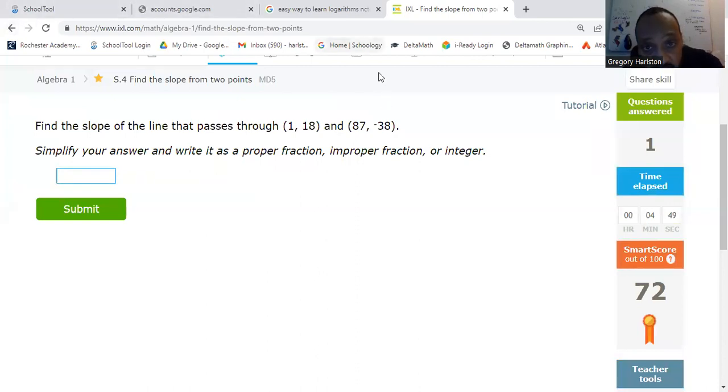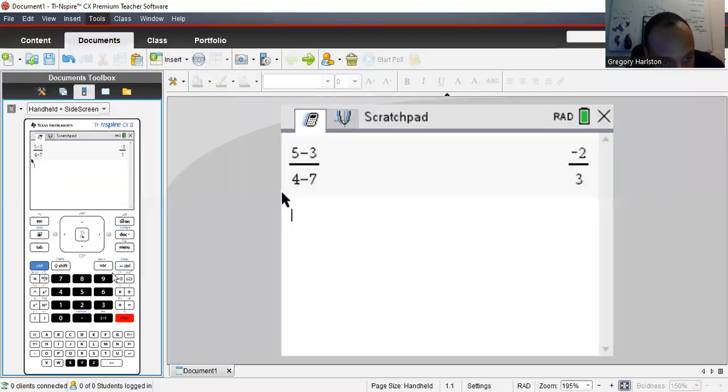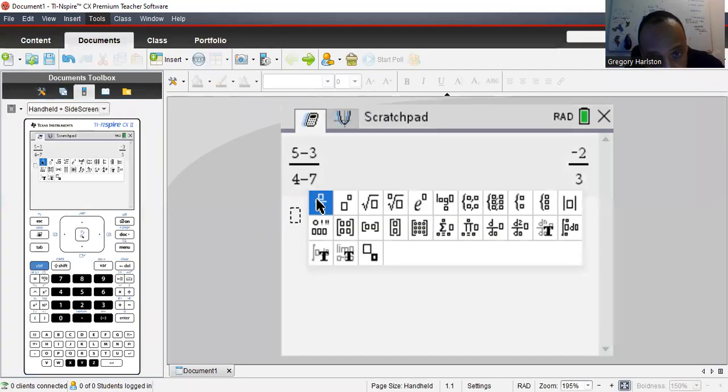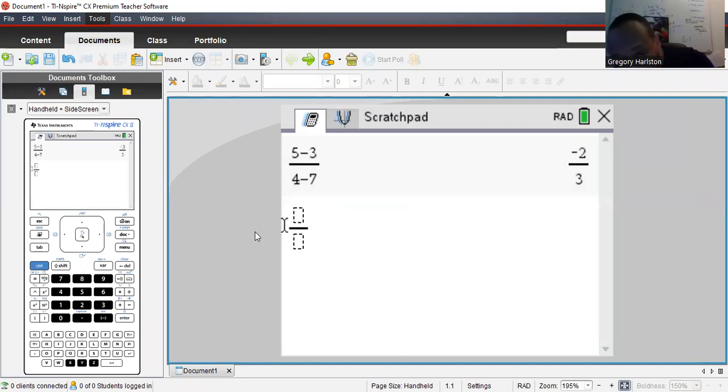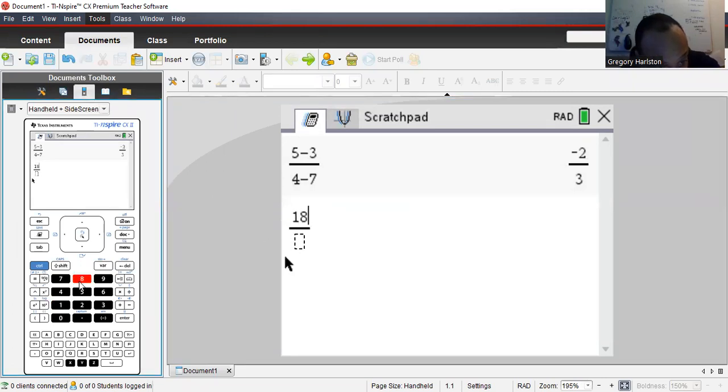So I am going to go to the calculator again and use that fraction key. And then I am going to go 118, that's the first Y value, minus a negative 38. I don't have both of them up on my screen, so you just have to make sure you write the numbers down. And then I'm going to do the X value, so it's going to be 1 minus 87.